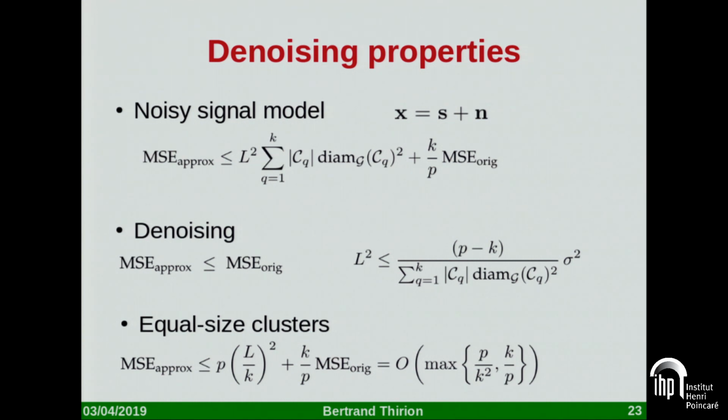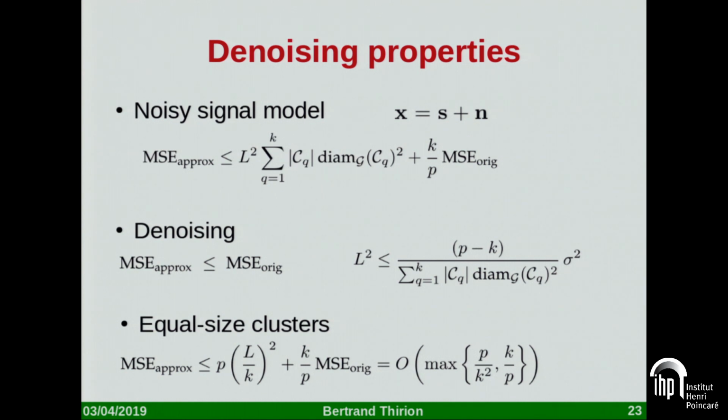But this term is reduced when you take a local average of the signal, which means that you can even be in a fortunate situation where your approximation is a more accurate representation than the original signal. And this occurs if the Lipschitz constant is small enough with respect to the level of the noise.